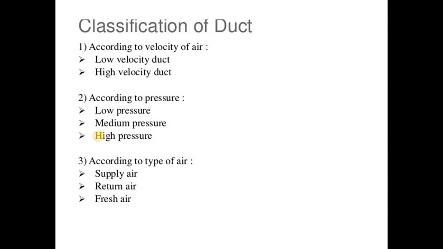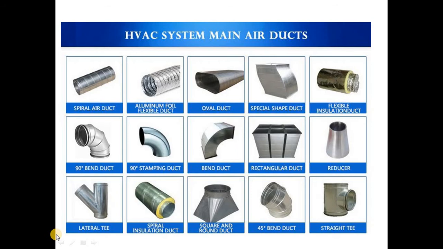There are three types: supply air, return air and fresh air. Now this is the most important point. Students, this is a classification of various shapes of duct according to their size and shape. Here you will get an idea. Just take a glance at it.